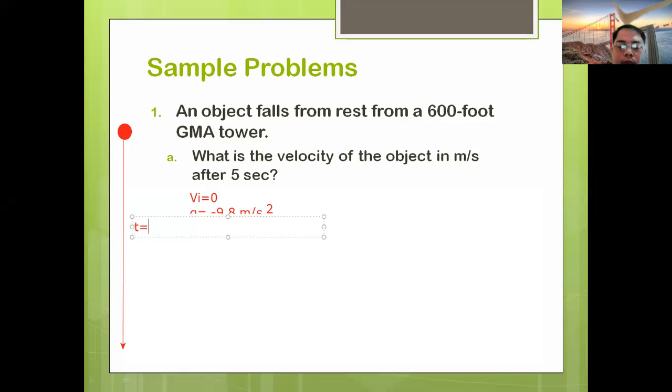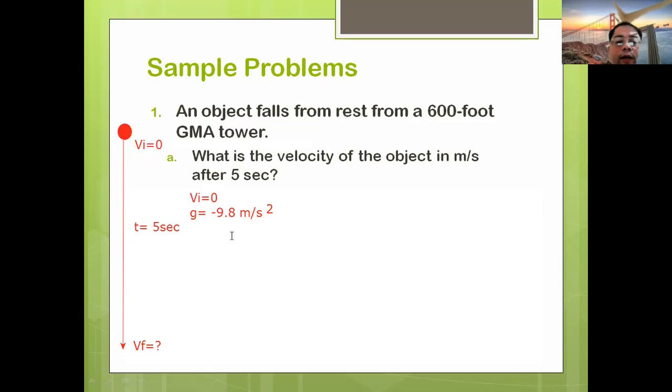After falling for 5 seconds, I think 5 seconds is a long period of time when something is falling down. And what we want to know at the bottom is the final velocity. Initially, the value of the initial velocity is 0.